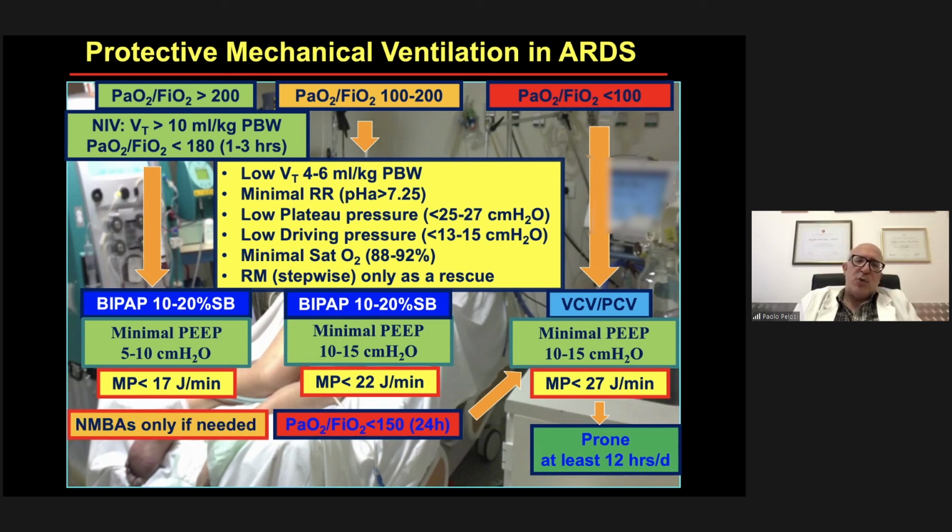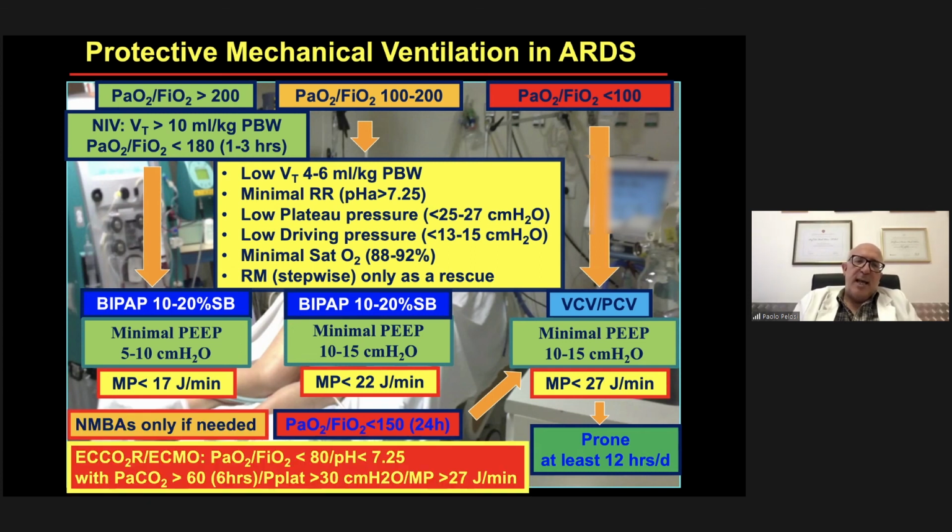Neuromuscular blockade agents should be used only if needed, and ECCO2R or ECMO should be considered when the patients maintain a PO2/FiO2 ratio below 80 and pH below 7.25 or lower, with a PCO2 above 60 mmHg for at least 6 hours, and a plateau pressure above 30 centimeters of water.